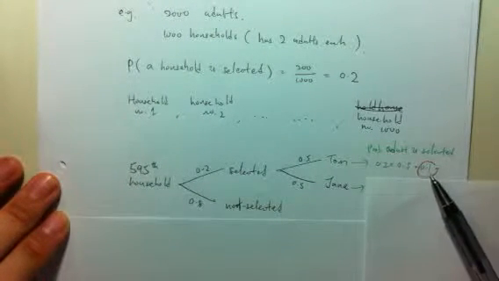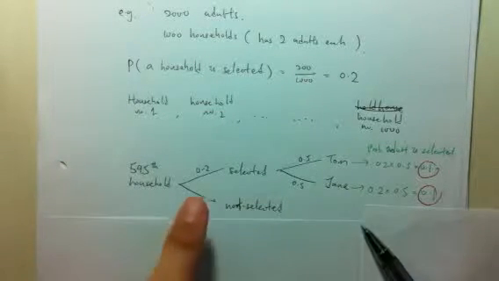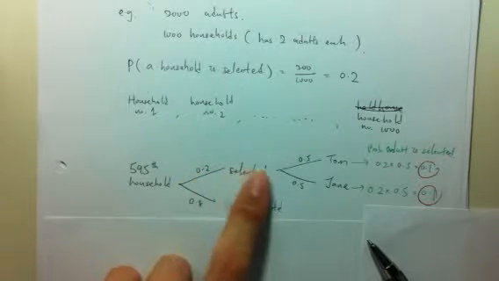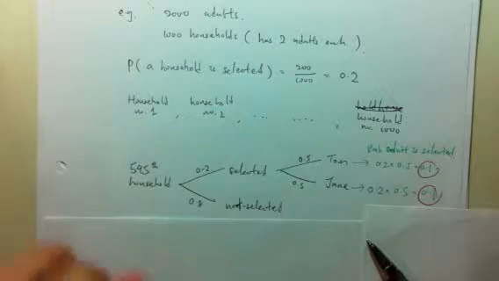Now the probability that Jane is selected would also be 10%, because that's just 0.2 multiplied by 0.5 to give us 0.1, 10%.